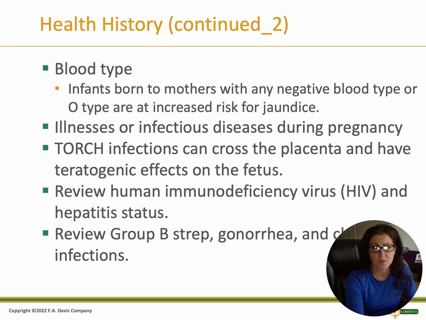Infants born to moms with any negative blood type or Rh negative factors, sometimes the moms will end up having to get RhoGAM. O types, as well as negative blood types, those babies are at increased risk for jaundice or increased unconjugated bilirubin in their body.